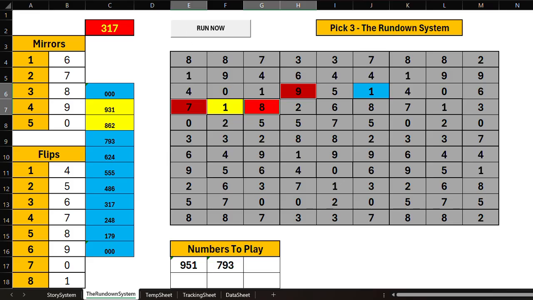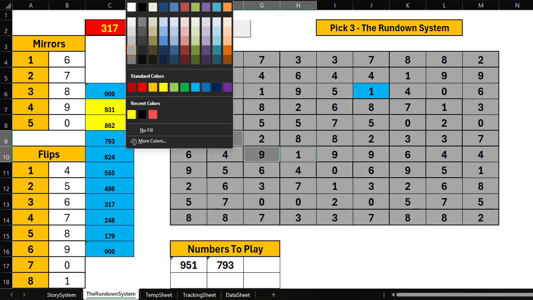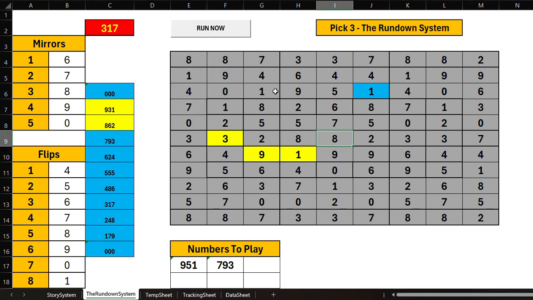No, there's not a 931. Hold on. Yeah, I thought it was 98. What am I doing? 93. Oh, it's 931 down here. Thought this one was at 91.